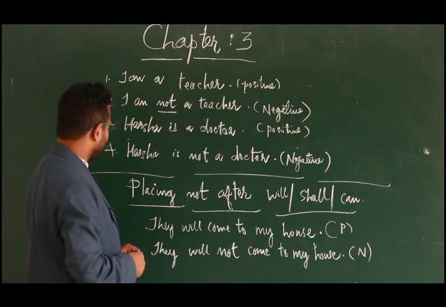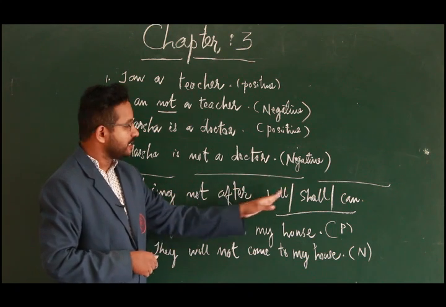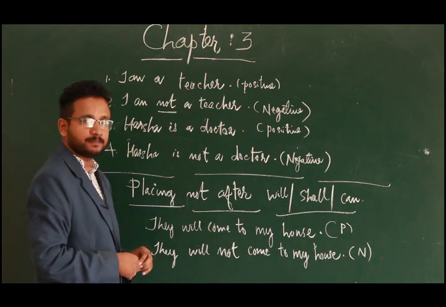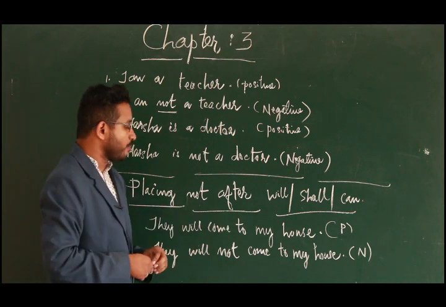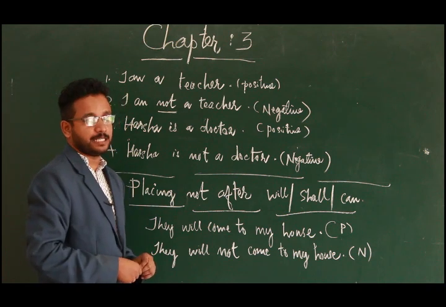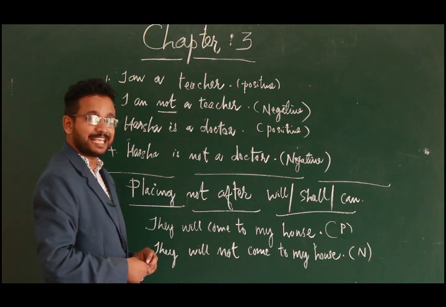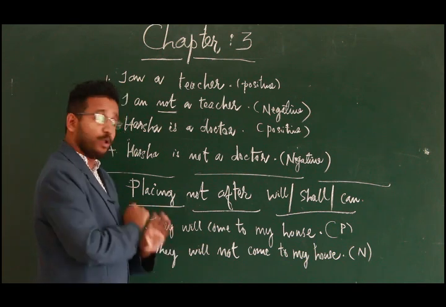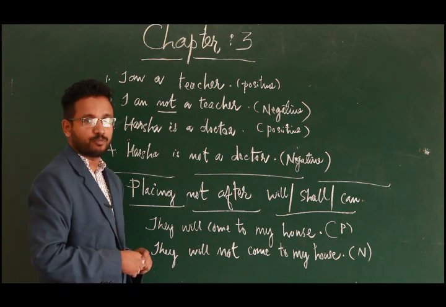Now, placing not after will, shall or can. They will come to my house. It's a positive statement. And the negative statement for the same is they will not come to my house.